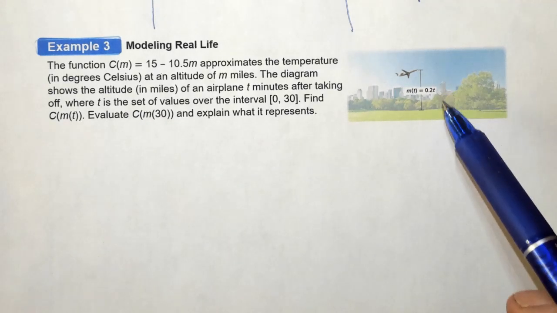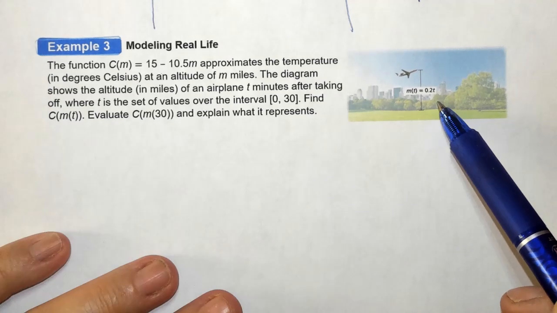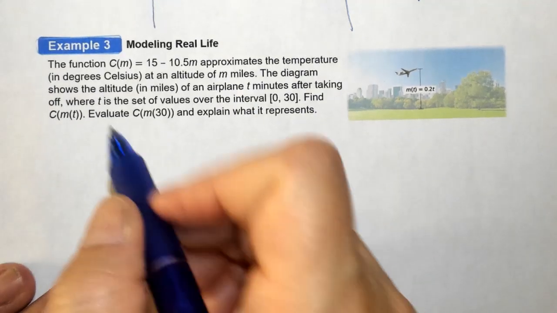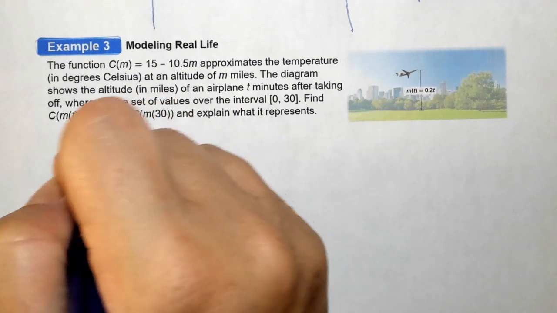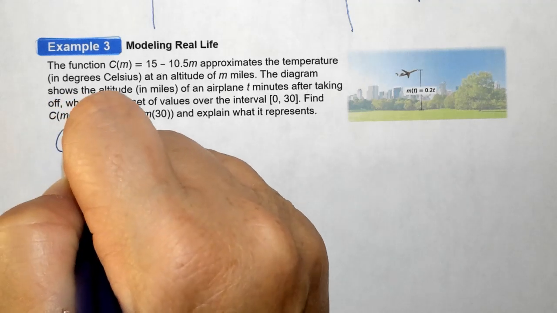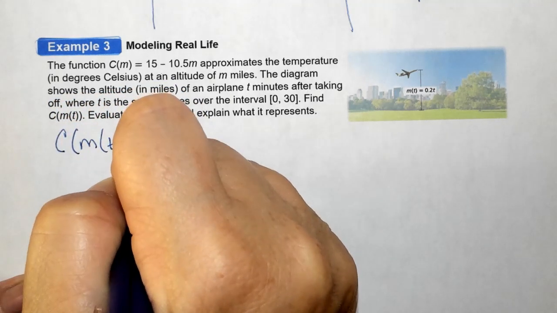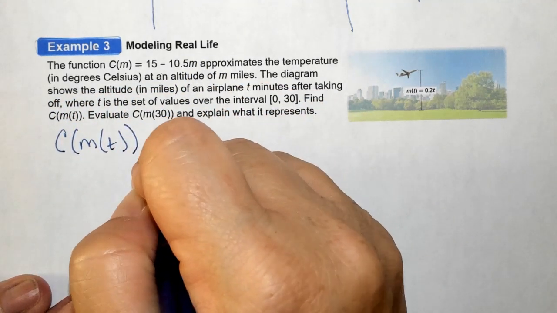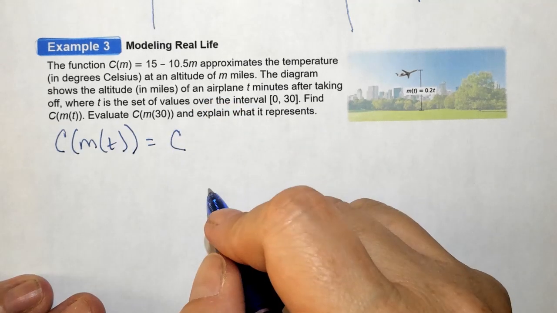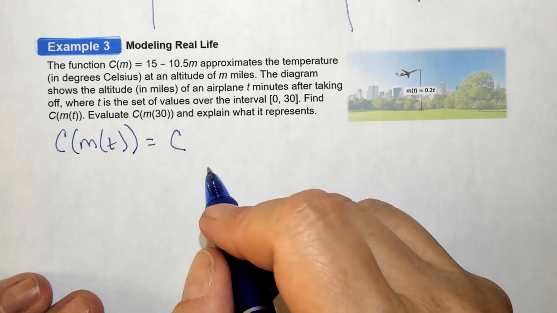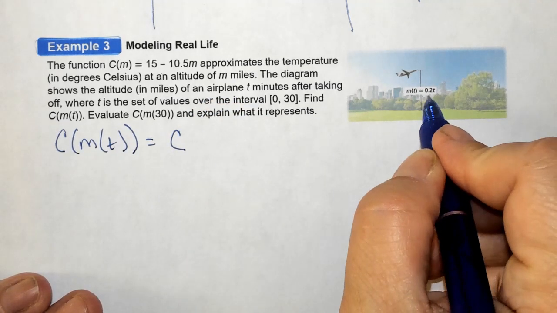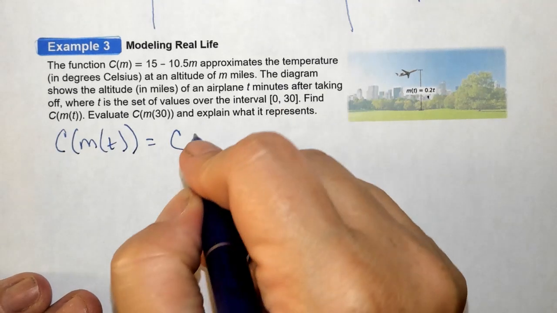So here's our other equation right here. All right, so our first instruction is to find c of m of t. So that's our first instruction. So how are we going to do that? Well, what is m of t? Well, m of t is 0.2 t.